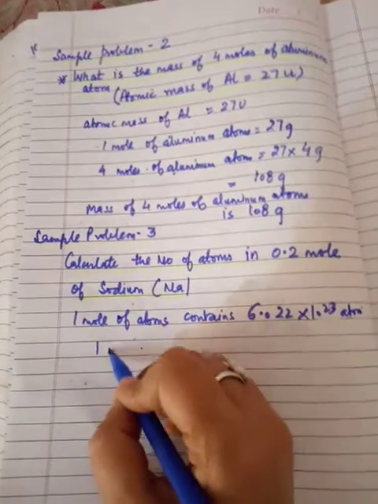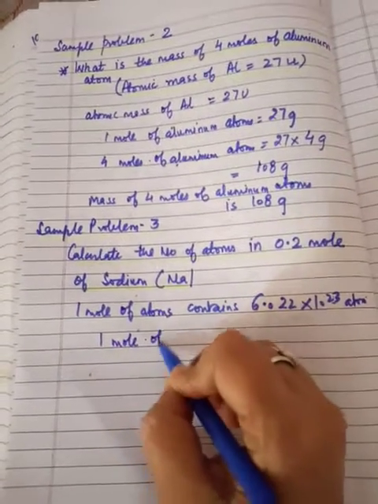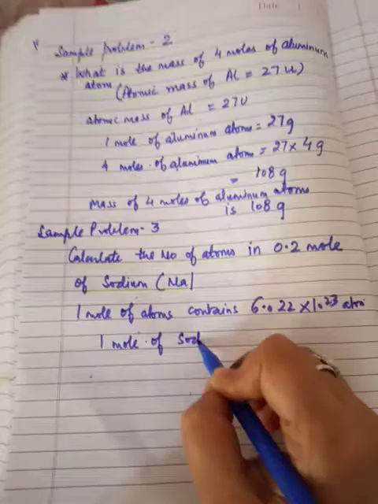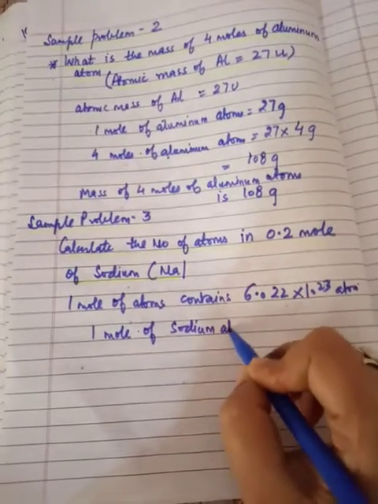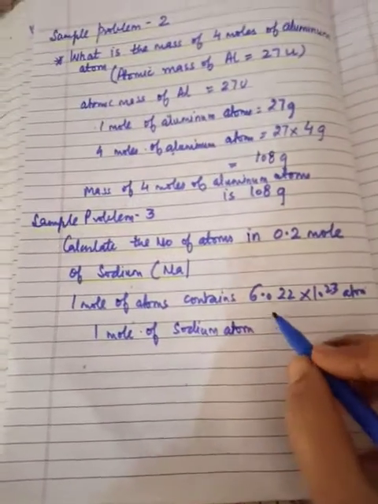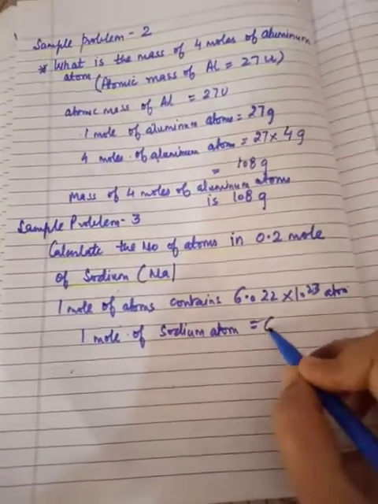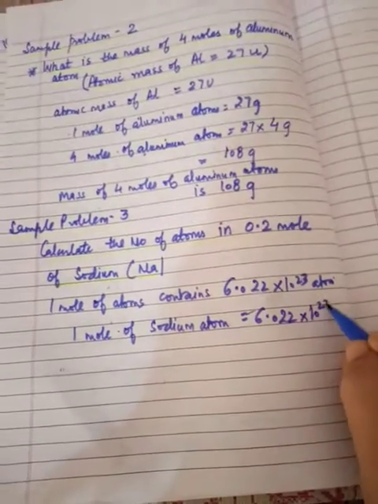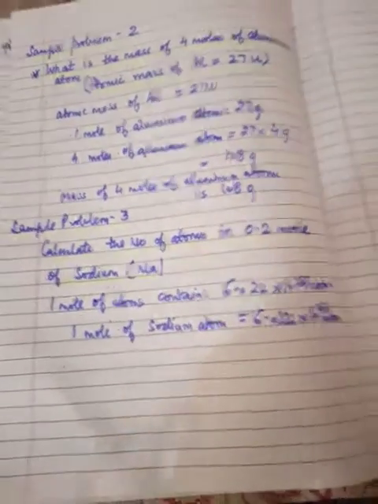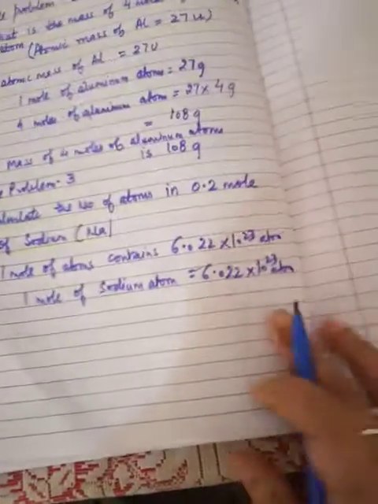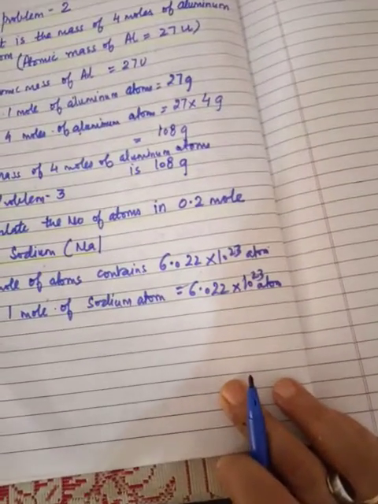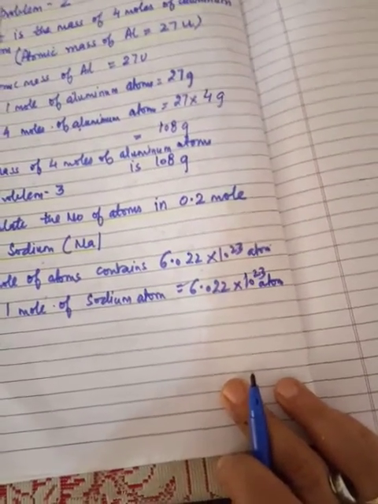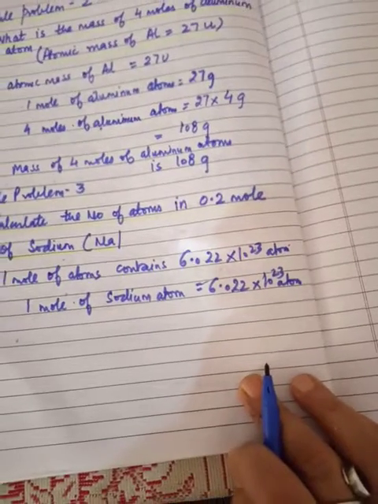Now 1 mole of sodium atoms is 6.022 into 10 raised to power 23 atoms.